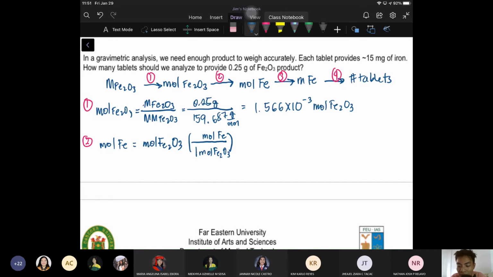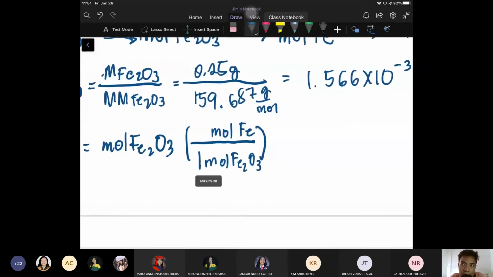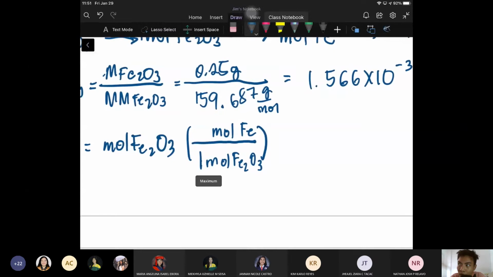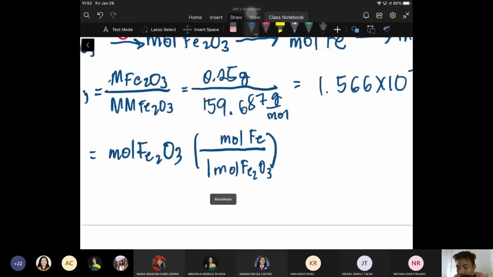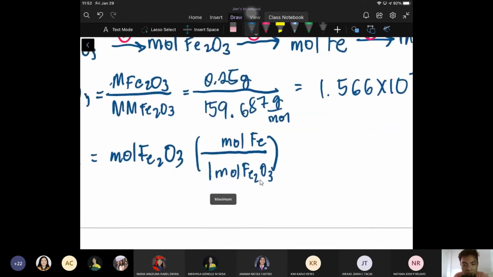Okay? So, ganun gagawin nyo. If you do not know the mole relationship, tignan nyo lang yung formula. Ilang Fe ang meron sa Fe2O3? Or in chemistry words, how many moles of iron are there in 1 mole of Fe2O3? Ang sagot ay 2. Paano mo uli malalaman? Zoom in natin ulit. Yung subscript ng iron sa given compound.